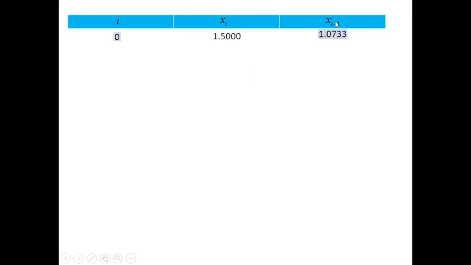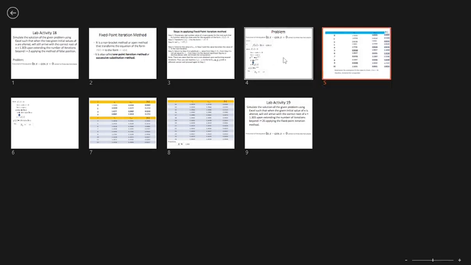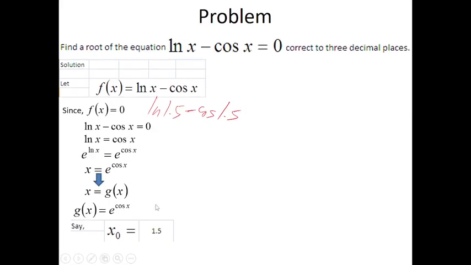Ayan. Tapos, kunin natin yung x sub i plus 1. Balik tayo. Paano natin nakuha yung x sub i plus 1? So, eto. x equals e to the cosine x.